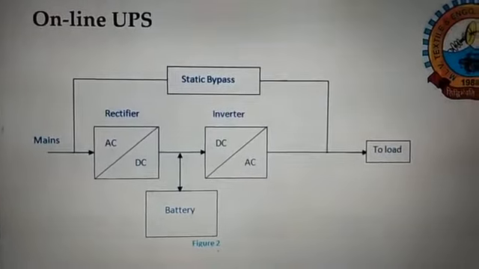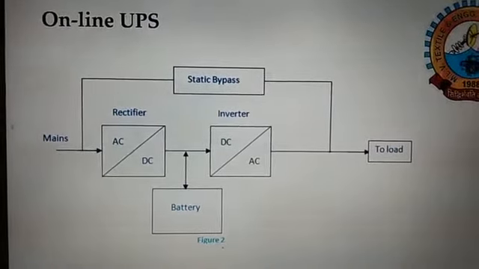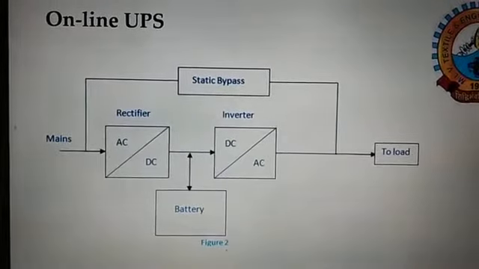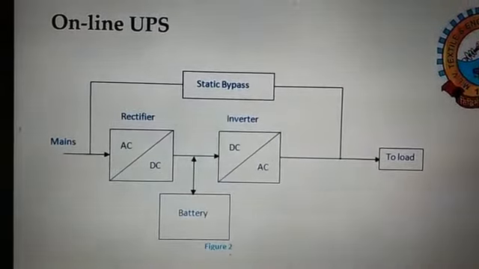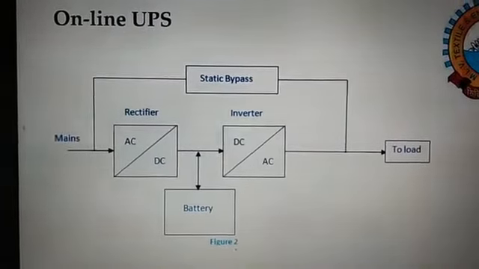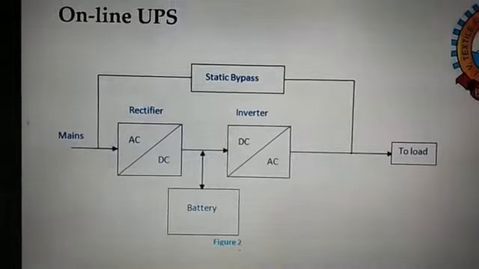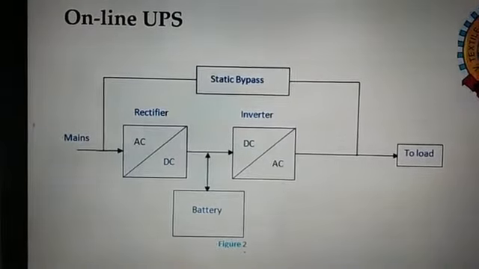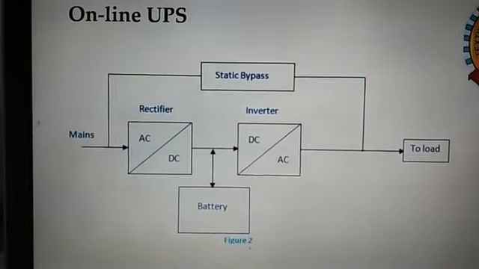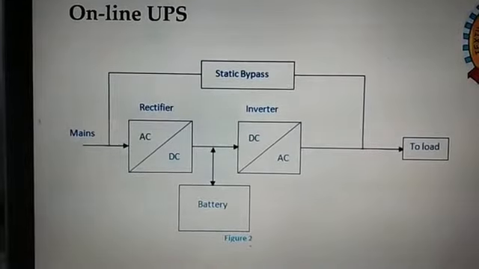When we compare the offline UPS system with the online UPS system, the advantage of the online UPS system is that it will take very little time, about 4 to 6 milliseconds, to change to the backup supply after failure of mains.